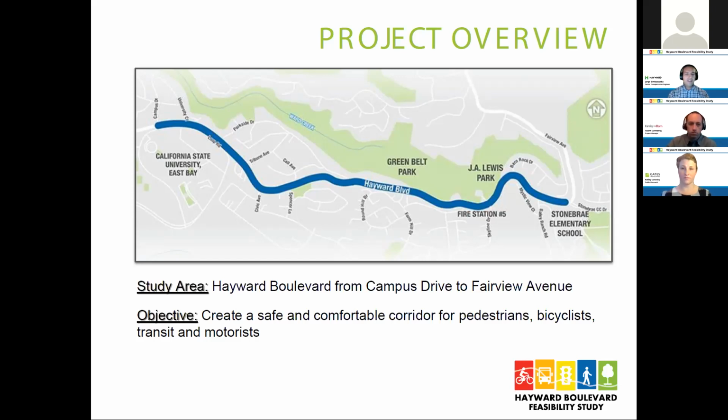This study is the evaluation and development of multimodal safety and connectivity improvements along Hayward Boulevard from Campus Drive to Fairview Avenue. The objective of this study is to create a comfortable and safe corridor for pedestrians, bicyclists, transit, and motorists. Thank you, and now I'd like to turn it over to the consultant team.